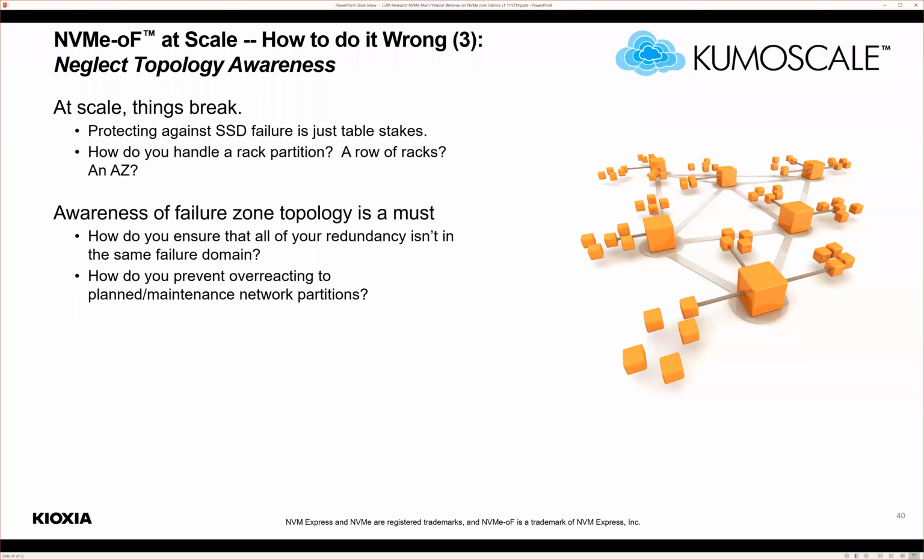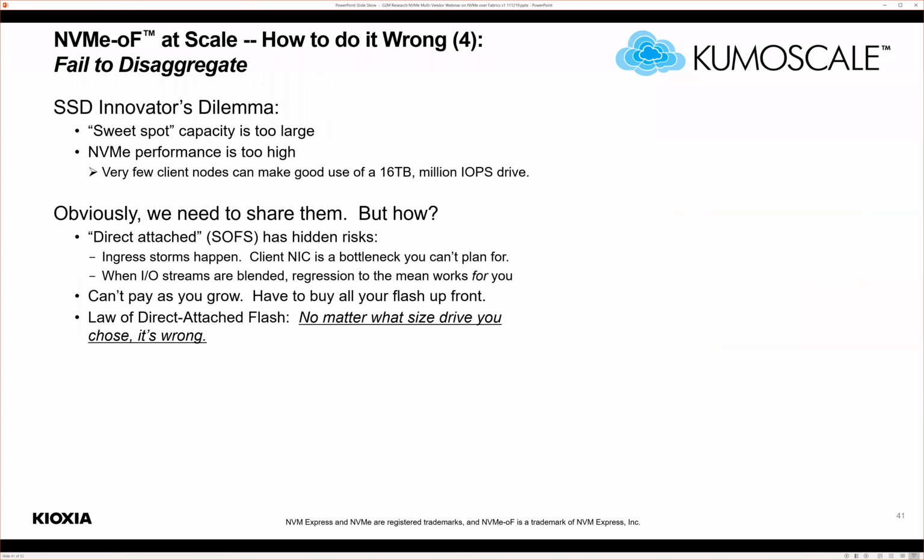They've invented solutions analogous to Kumo scale and deployed them. But for the next tier, you really need to be able to handle an entire failure zone or an entire building going down, and how do you do that? So awareness of failure zone topology is a must, and your system needs to be able to partition replicas and distribute data in a way that is resistant to the failure modes that are unique to your environment.